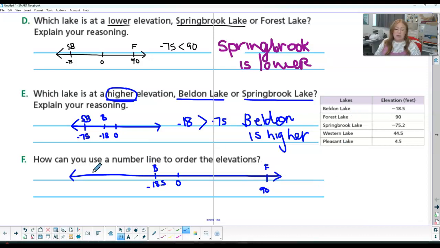Then we have Springbrook at negative 75.2. So here's Springbrook. Western was 44, about halfway to 90. We have Western, and then Pleasant is 4.5, so pretty close to 0.